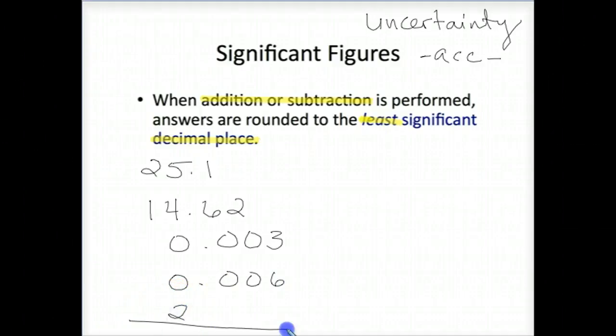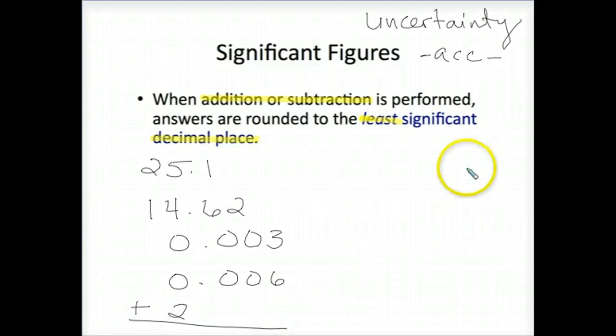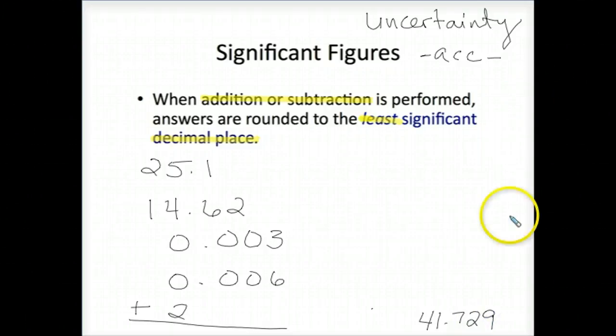Okay, and I'm going to add all of this together. I'm going to put it over here since I ran out of room, 41.729. Okay, so let's go through and count our decimal places.